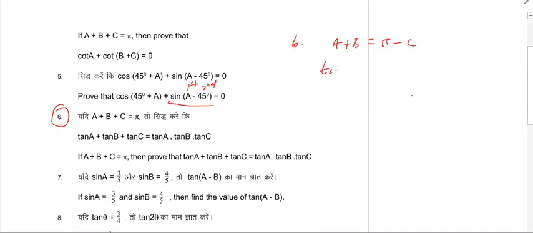So what you can say is, take tan of both sides. Tan of a plus b is equal to tan of pi minus c.